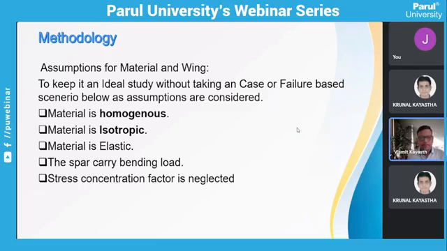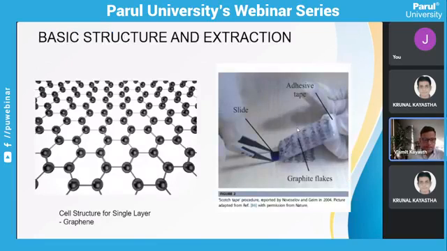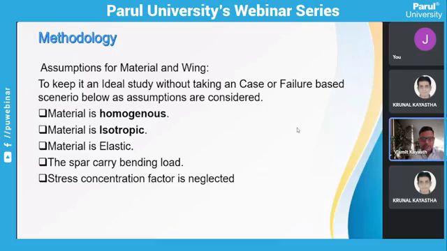All right, so talking about the methodology, or some of the considerations that we have taken ahead, we are going to keep it an ideal study without taking a case or failure based scenario. We are assuming that it is a totally homogeneous, isotropic, as well as elastic material to be tested, wherein the spar can carry bending load, and the stress concentration factor has been neglected.